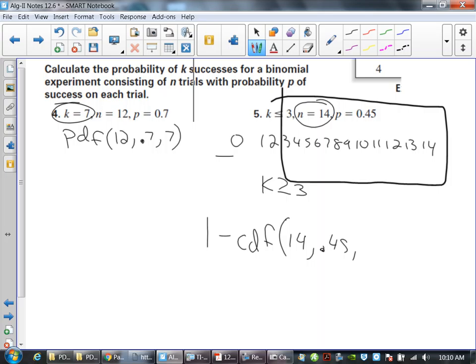It's going to add up to 2. You're going to find the probabilities of these, take the complement, and it gives you all of that. That's how you work with going greater than. You pick the number preceding it, and you use the complement.